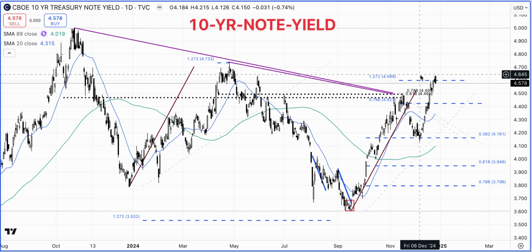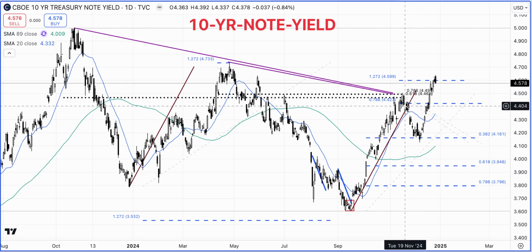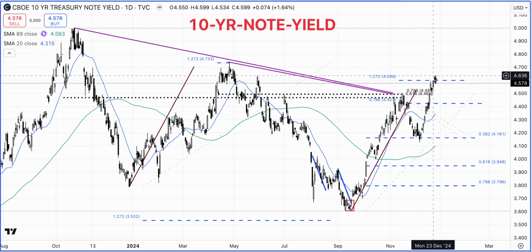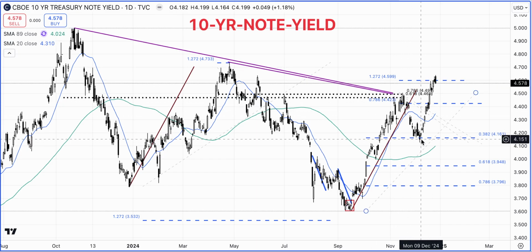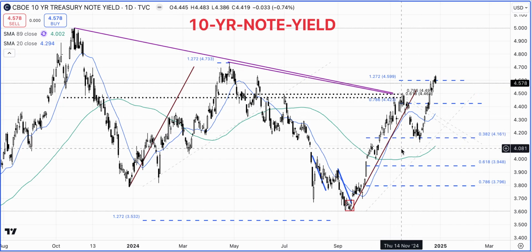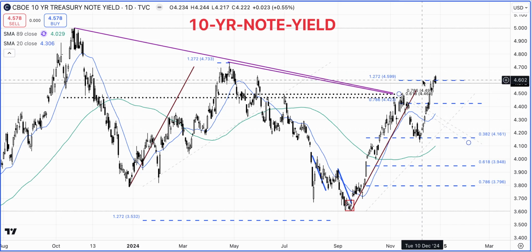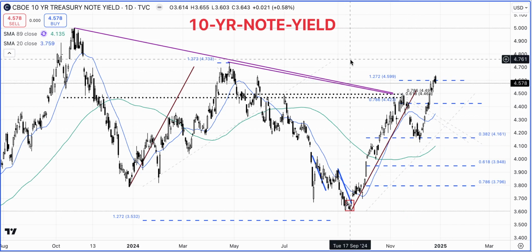I believe the Federal Reserve came out with their interest rate decision in November, somewhere around here. We saw a dip, and then when they came back and did another cut recently in December, we saw the market shoot up. What is interesting is that after finding support from this 38.2% retracement, it has gone up to the 1.27 expansion of this little swing.